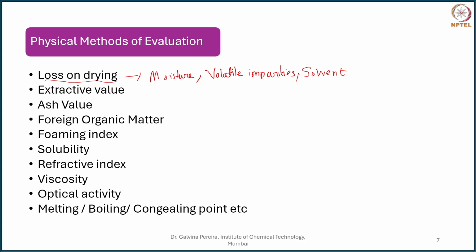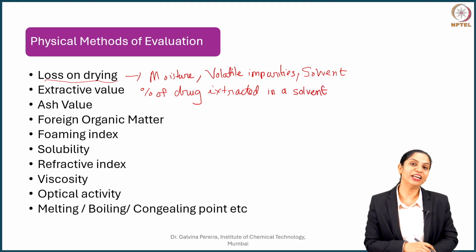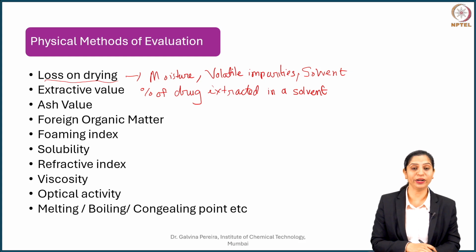So extractive value is the percentage of drug that is going to dissolve, or can get extracted, in a solvent. This solvent can be water, alcohol, or even chloroform. So extractive value gives me an indication of purity.